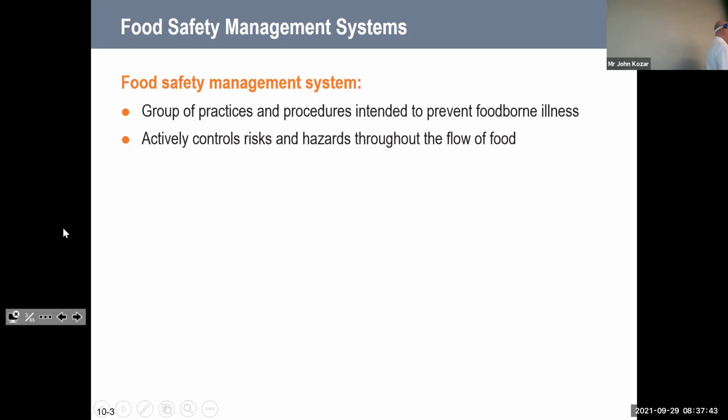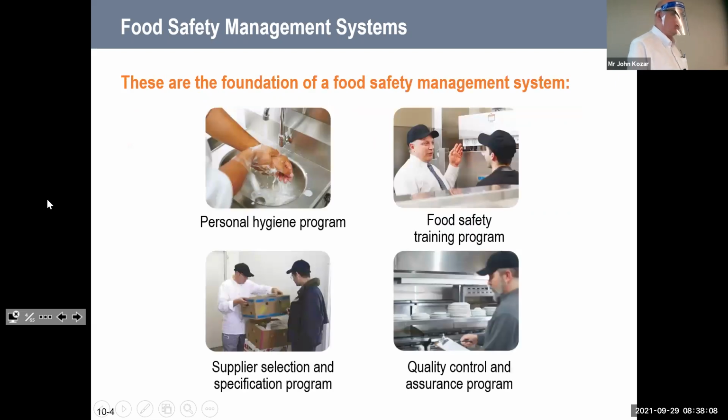We receive the food, put it into storage, then you can prep it, and then you cook it. You might cool it down and reheat it later, or you might go right into service. Okay, so each one of those we have looked at risks and hazards throughout the flow of food.